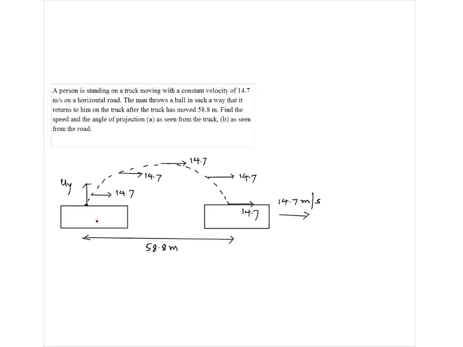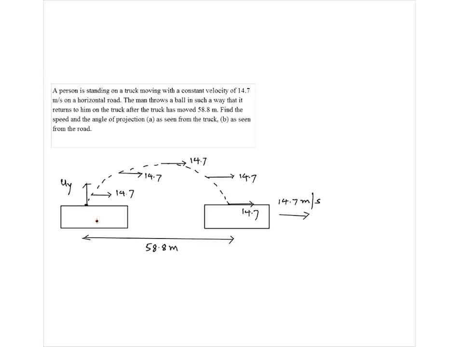So the person on the truck sees the ball going absolutely straight. Just like you are standing on the ground and you are throwing a ball up, exactly the same way that person will see the ball. No parabolic motion for that person. But the same motion observed by somebody standing on the ground, that person will see that parabolic motion.